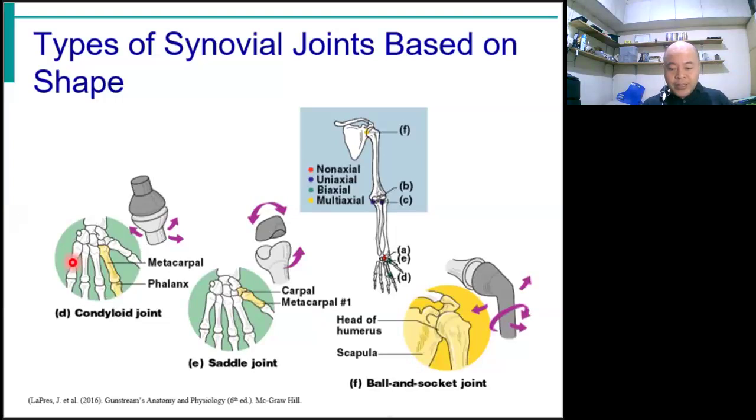This allows movement in two planes. So for example, we have flexion and extension, adduction and abduction. Look at this move, flexion and extension, and then adduction and abduction. So we have one plane and two planes.